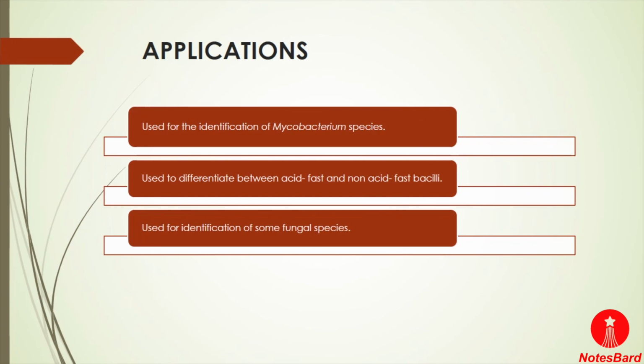Another application is that this method is used to differentiate between acid-fast and non-acid-fast bacilli on the basis of the observations of color which appear in the microscope in these organisms. As we have discussed, acid-fast organisms take the red color due to the carbolfuchsin dye, and those organisms which are non-acid-fast take the counterstain dye and appear in blue color.